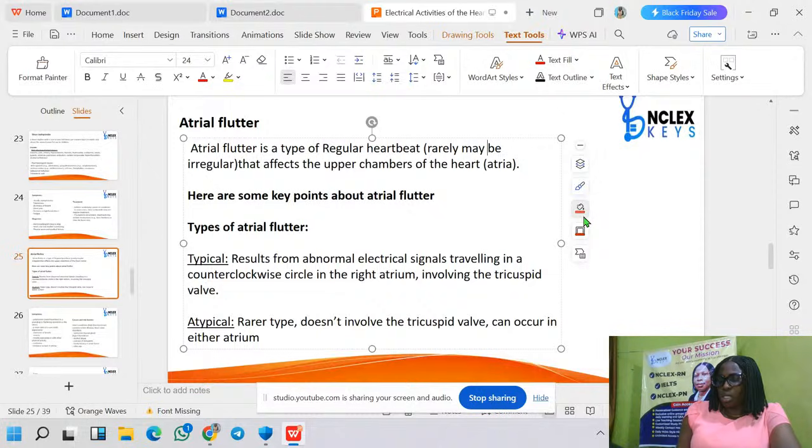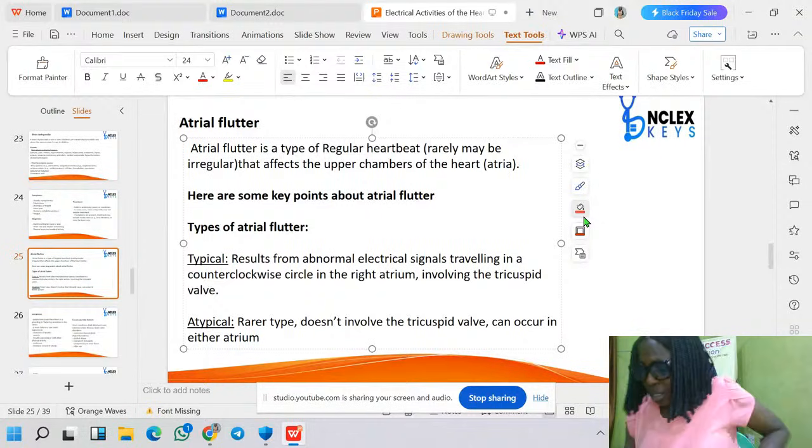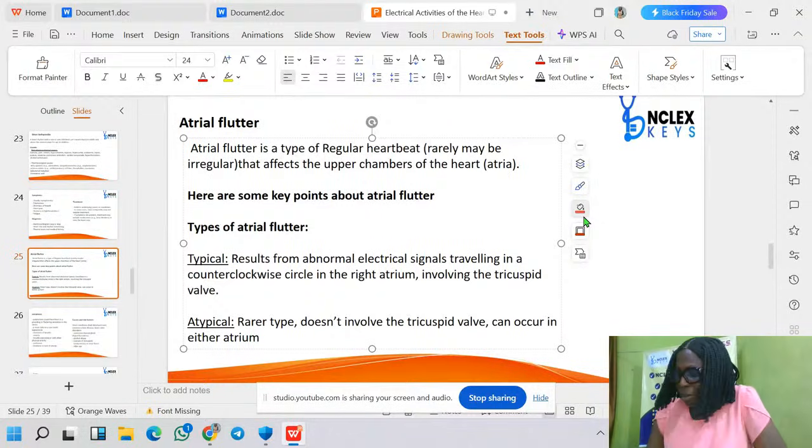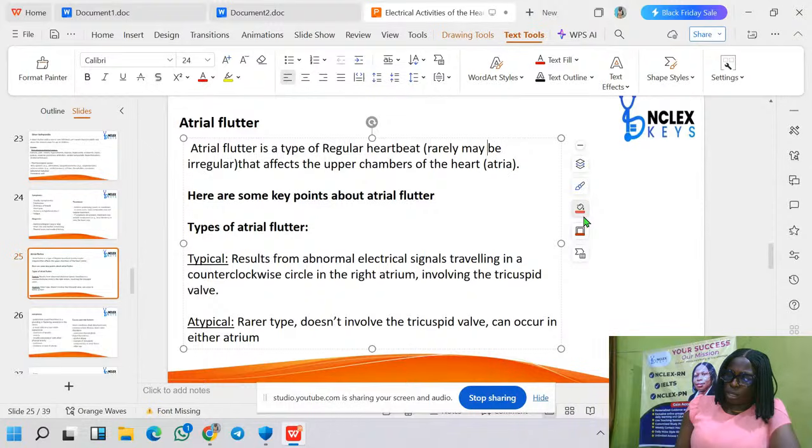Anytime you see this, it is atrial flutter. No two ECG strips will look like this. Trust me, and by the time we are done, you will see that. Please send the strip here.